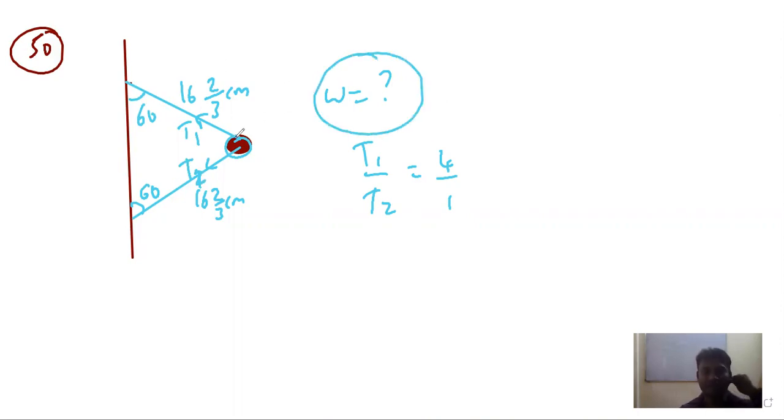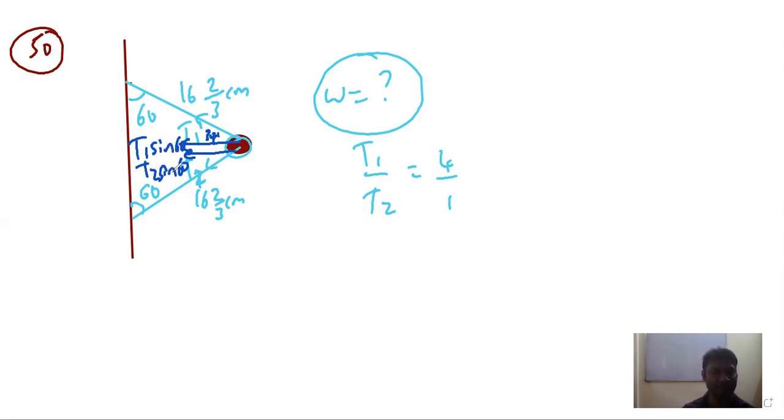So let us first see in this case how this block will move. So let us take the components of forces. The component of this force will be T1. This angle is 30, so T1 cos 30 or T1 sin 60. And we will also have T2 sin 60 in this direction by the same logic. Why? Because this angle is 30. So the component of tension T1 here will be T1 cos 30, which is T1 sin 60, because cos 30 is sin 60.